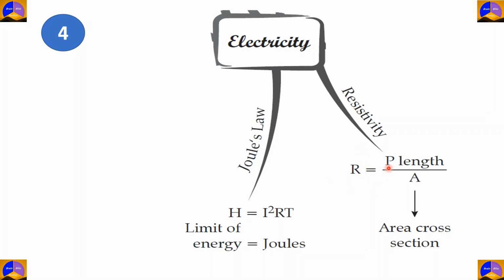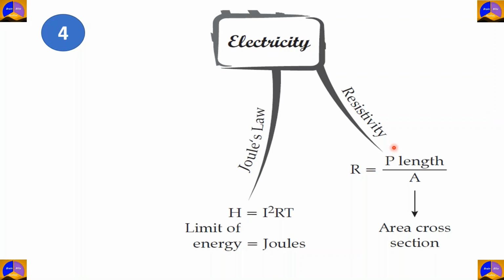R is equal to rho L by A. L stands for the length, A stands for the area of cross-section, and this symbol, rho, stands for the resistivity of a wire. The value of resistivity varies with the material being used in the wire. Therefore, copper, aluminum, steel, etc. have different values for resistivity.